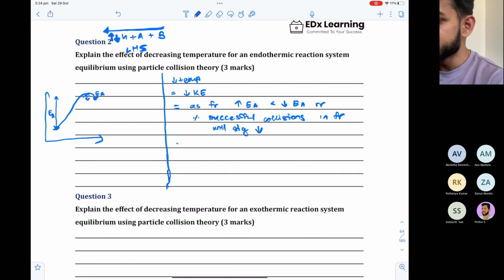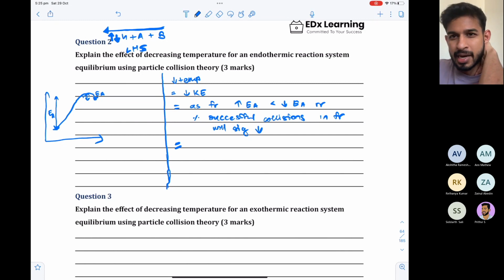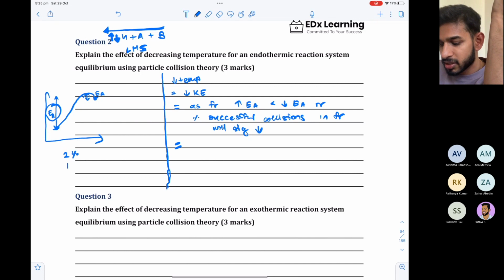So let's come back here, and let me just clarify what I mean by these percentages and reaction rates. In our little example, since the activation energy is so high for the forward reaction, the forward reaction rate initially would have been 2%. When I decrease energy, it's going to now drop to 1%. That's a change of 1%.